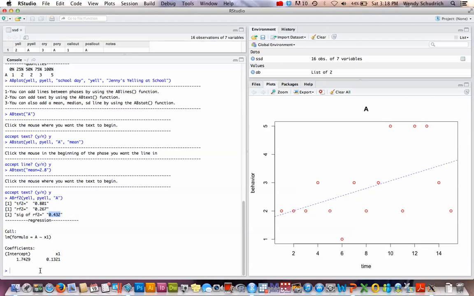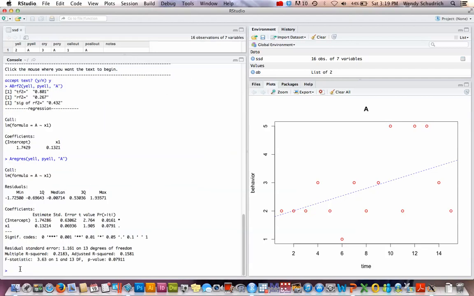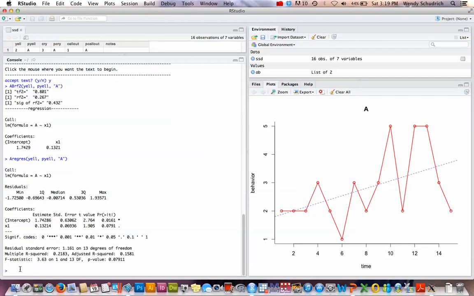Next, we're going to test for another assumption, and that's whether or not we have a trend. And so we're going to do a regression, and that's important, especially if we want to do a t-test comparing phases. If there is a trend, the t-test would be inappropriate.